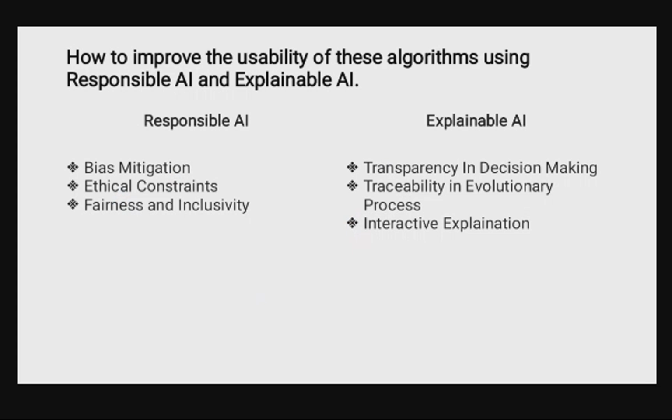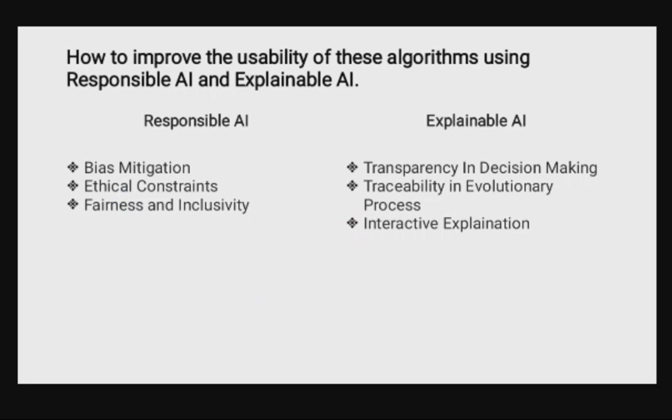So how do we improve the usability of these algorithms through responsible and explainable AI? For responsible AI, it reduces bias, and also the ethical constraints are met, then fairness and inclusivity.